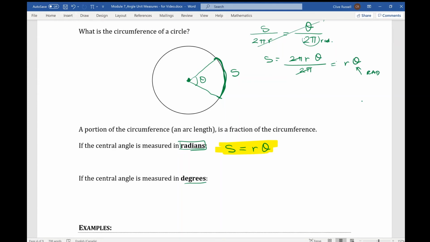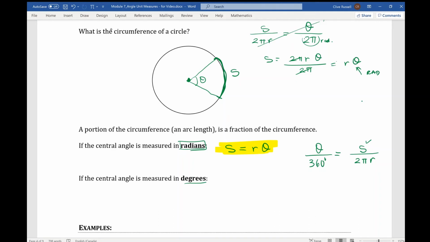Now, how do we get it in terms of degrees? Well, we could do it in the same way. We could also set up a proportion again and say that the angle theta is to 360 degrees in the same way that the arc length S is to the circumference 2 pi r, and we want to find what S is.